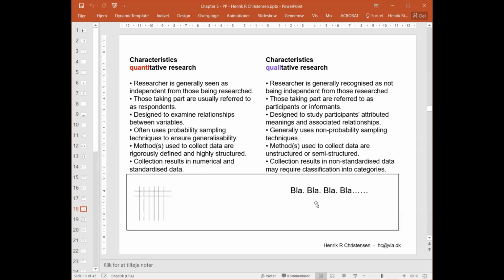And then the collection. Over here in quantitative research, the data will be organized in, let's say, spreadsheets or something, in some way where we can standardize it so that we can later do our statistical analysis.